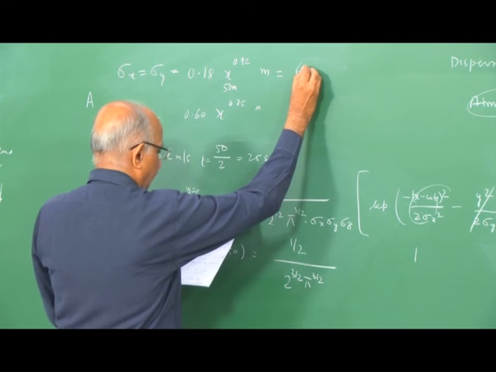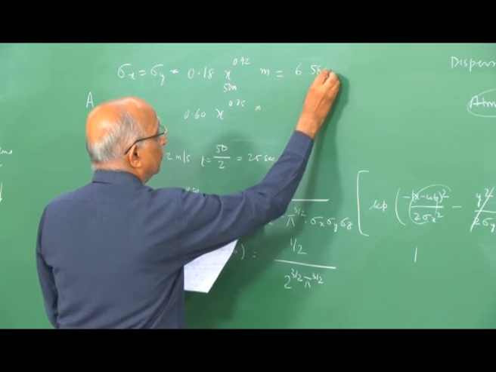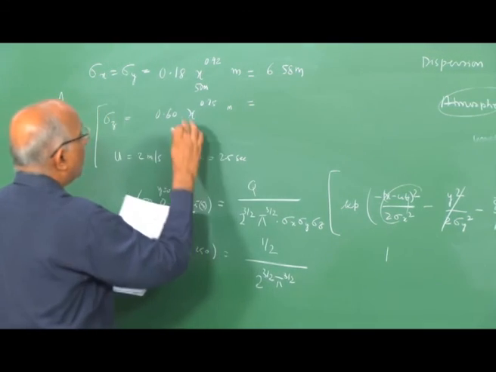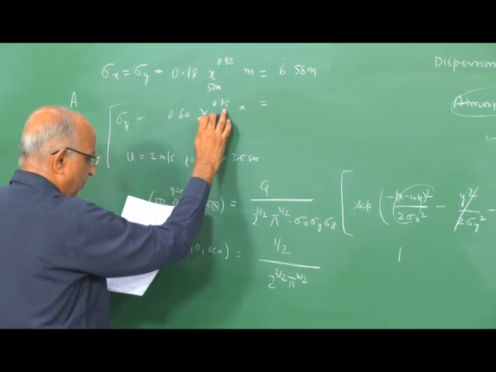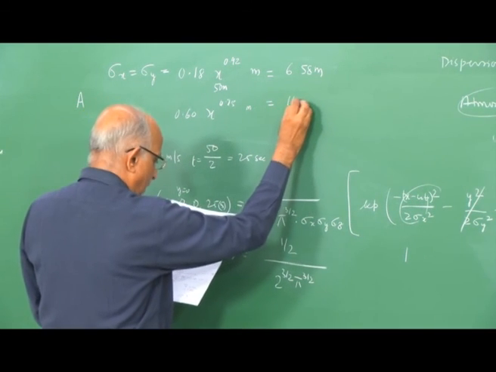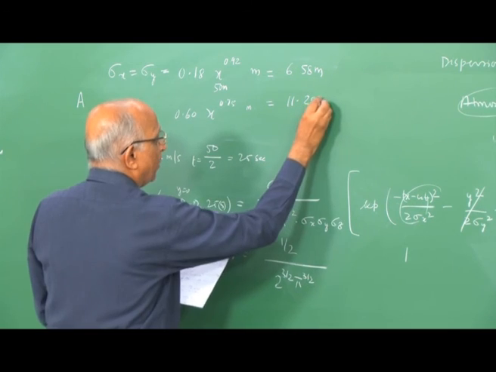This expression 0.60 x to the power 0.75 comes out to be equal to 11.28 meters.